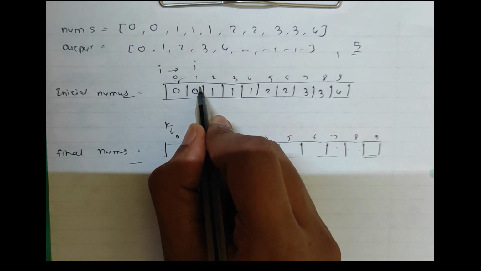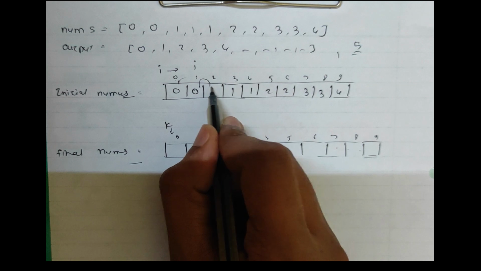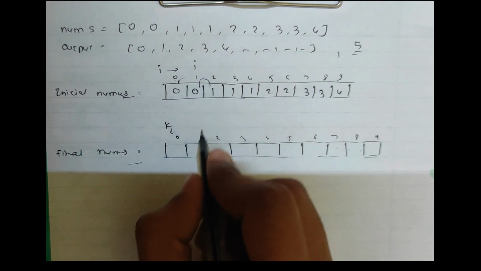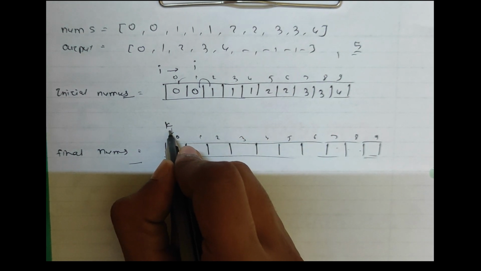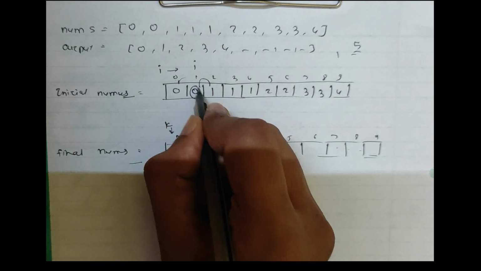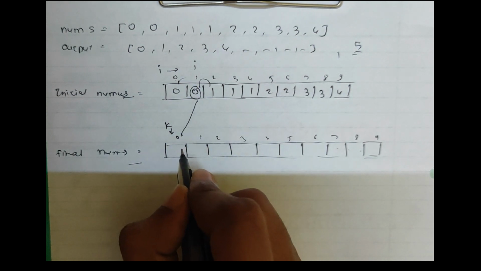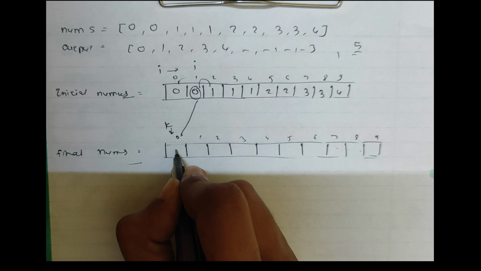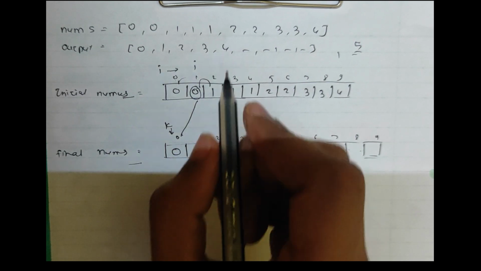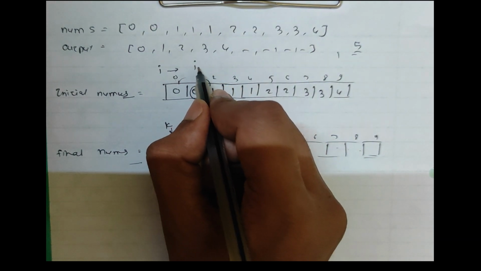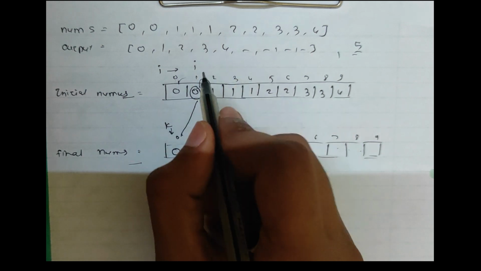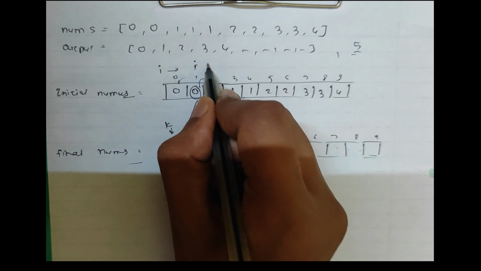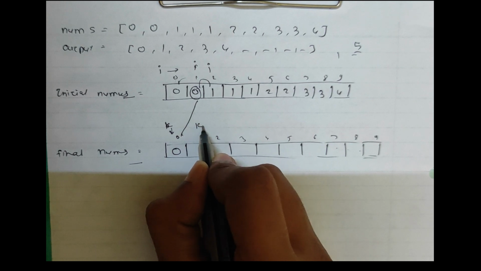If nums of I and nums of I plus 1 are not the same, then in the final nums we will put this value, meaning nums of I, which is 0. So we will increment the I pointer and the k pointer as well.